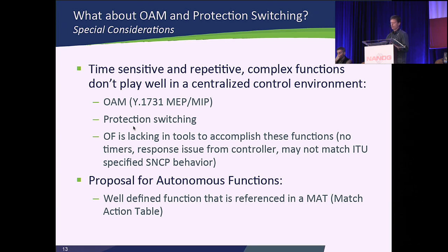These types of functions are repetitive, they're complex, they require communication between the NE and the controller, and that kind of goes against the concept of SDN and having that separation. So they've introduced a concept of autonomous function, and an autonomous function will implement a function inside the hardware and be abstracted towards the controller.